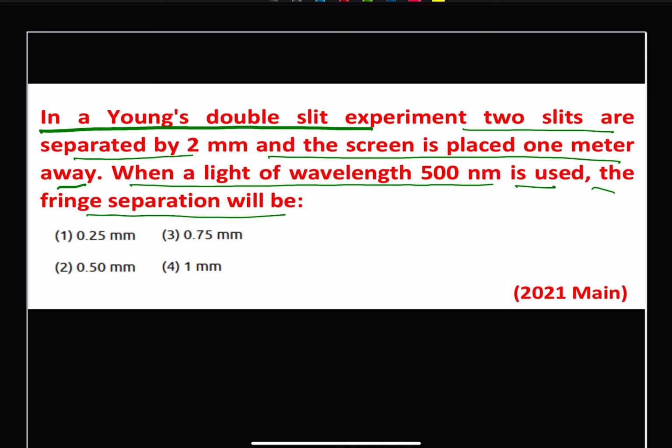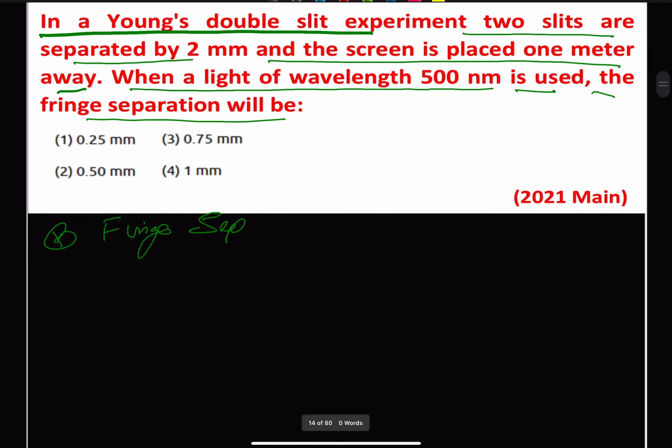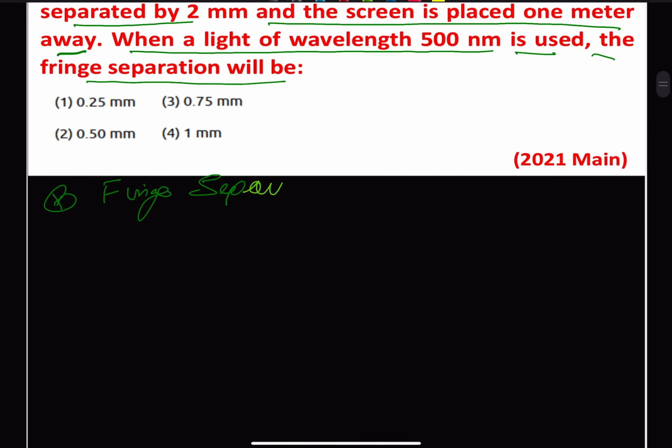So this is directly based on the formula of the fringe separation, that is beta, and we know that the fringe width, that is our beta, is equal to lambda capital D upon small d.